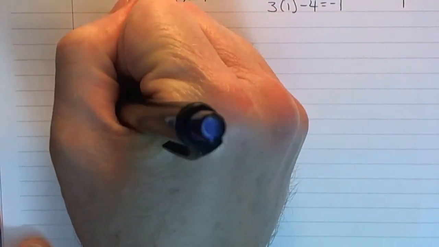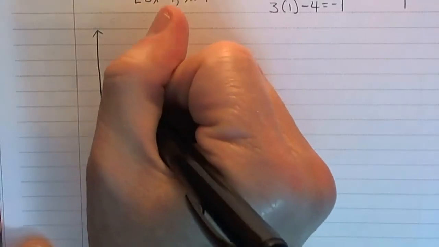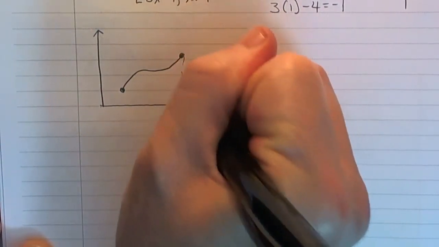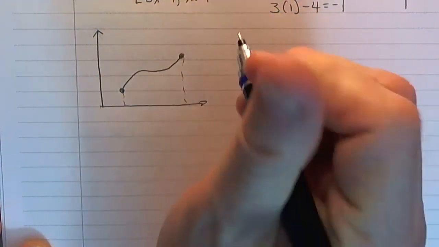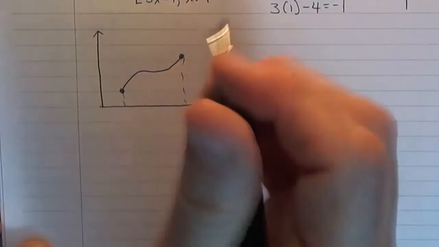Let me just go back and draw a picture here. We've got a function like this, and I drew this without ever raising my pencil, including the endpoints. Notice I've got the endpoints closed in.